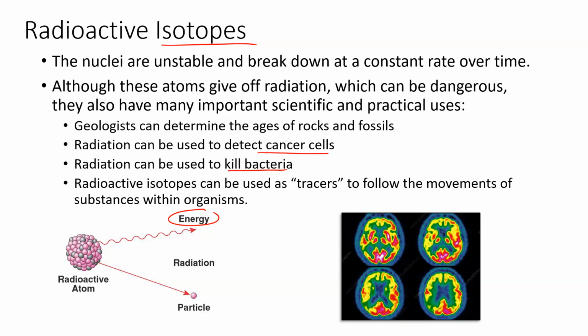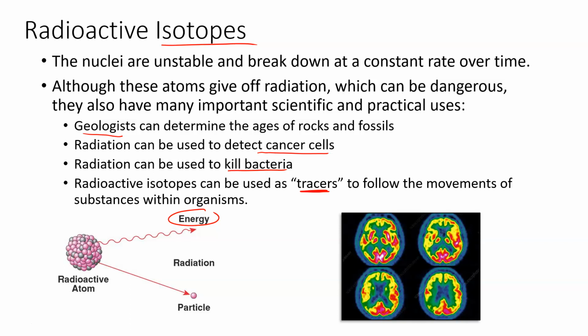Radioactive isotopes can be used as tracers to follow the movements of substances within organisms, and you can get pretty cool thermal imaging by utilizing radioactively labeled tracers. And in a less medical but still scientific context, geologists can determine the ages of rocks and fossils by looking at radioactive material, radioactive decay, half-life, and so on.